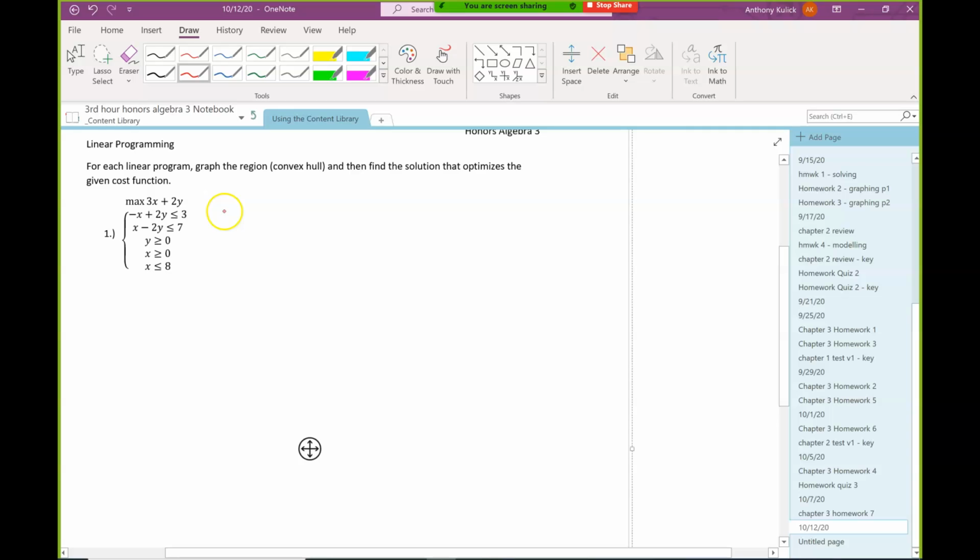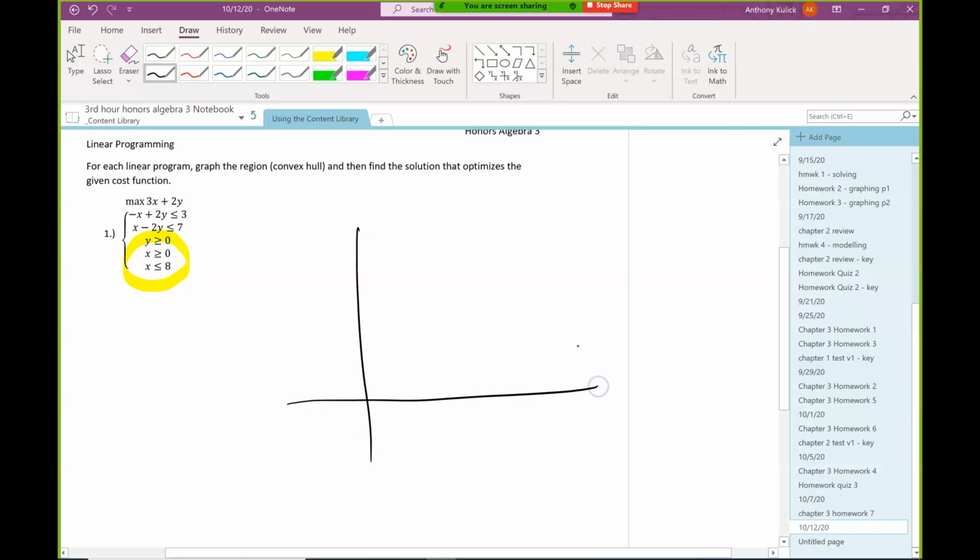I know right away by looking at these pieces that if I'm looking at my graph, I'm bounded above the x-axis, y is greater than or equal to 0. I'm bounded to the right of the y-axis, x is greater than or equal to 0.